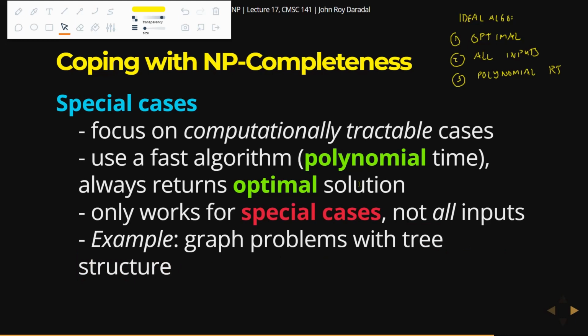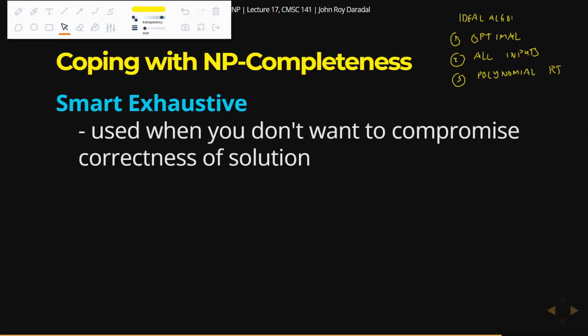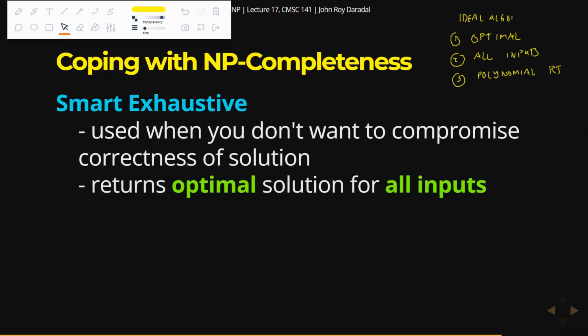on special cases. And finally, the third way to cope with NP completeness is to do it in a smart, exhaustive manner. You use this when you don't want to compromise the correctness of the solution. So you always want it to be optimal, and you want the solution to work for all inputs.